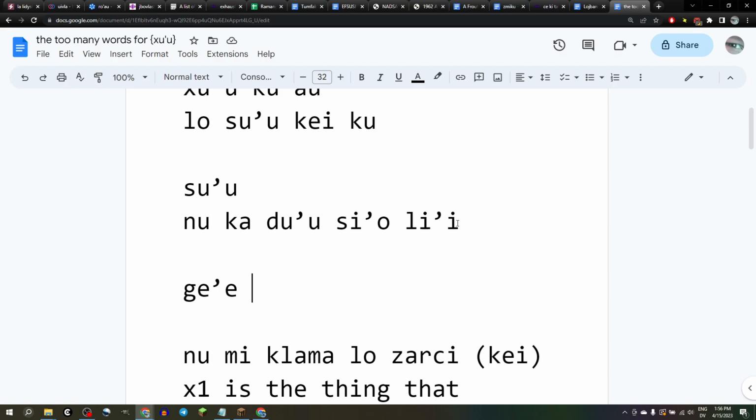Like if you want to say gehe roho. I'm not going to say which emotion, but it's some emotion that I'm feeling on a physical level. Which you still don't need the gehe for. Like if you want to say mi klama roho lo zarshi, you don't need the gehe there. To say I feel on a physical level rojo.